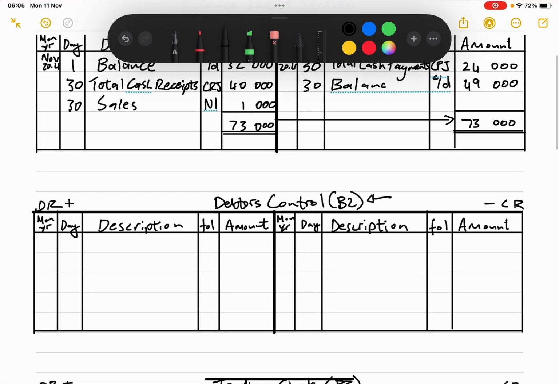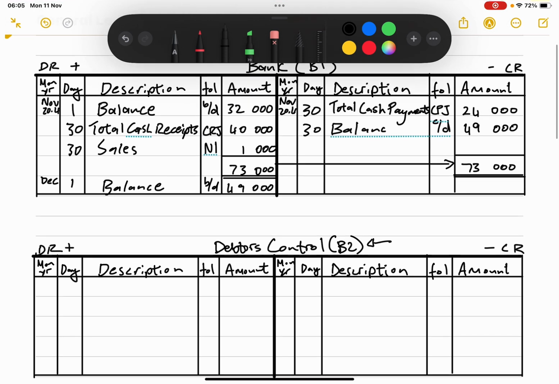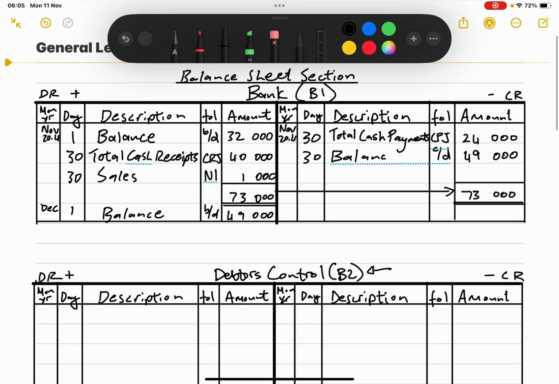And this 49,000 will be your balance brought down for the 1st of December. Cool. So that's your bank.